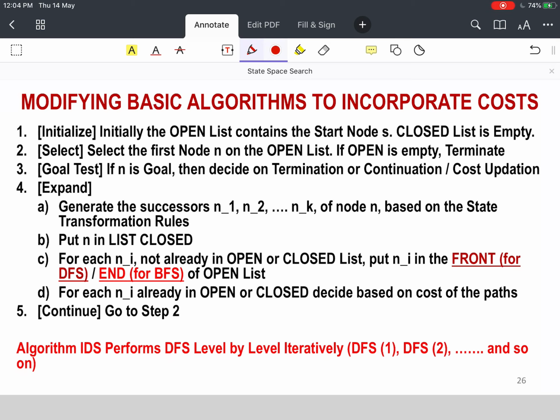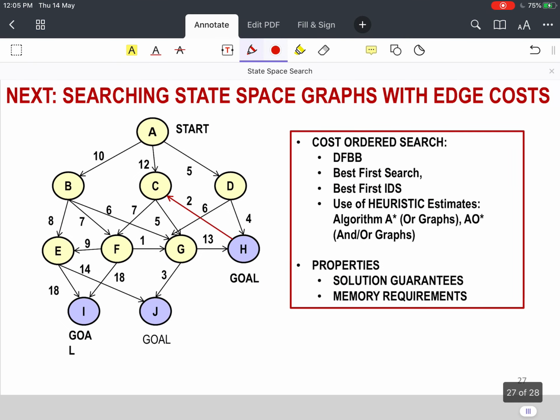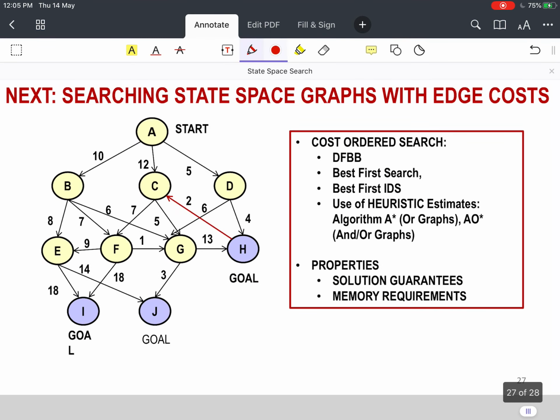So we may have to continue the search to try and do a branch and bound to update the costs. On the other hand, in breadth first search, instead of putting nodes at the end of the queue, we will have to convert the open list to a priority queue ordered by the G(n) values. Similarly, we will have to update the iterative deepening algorithm. So for cost ordered search, we will get depth first branch and bound.